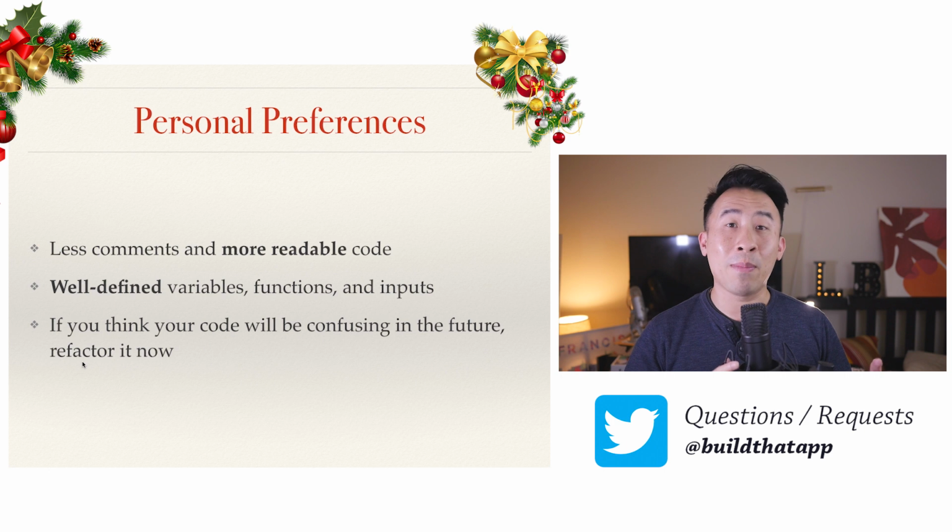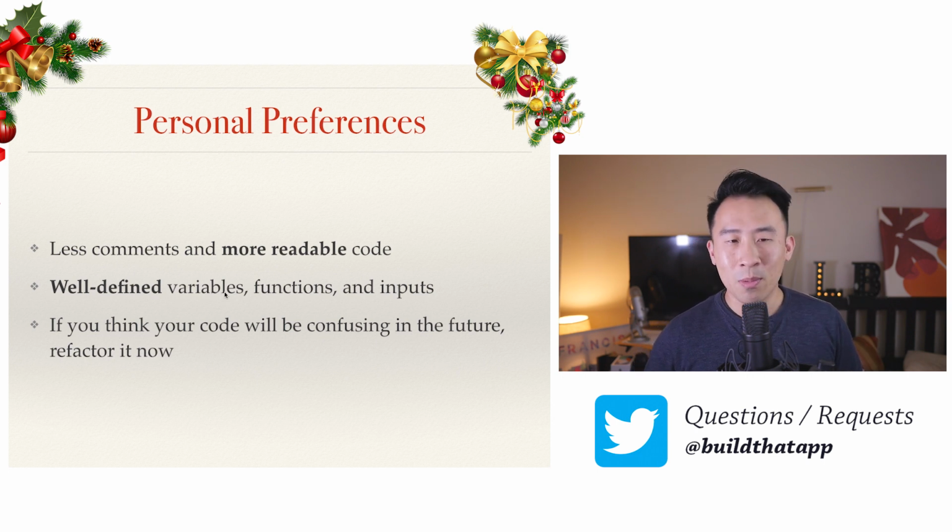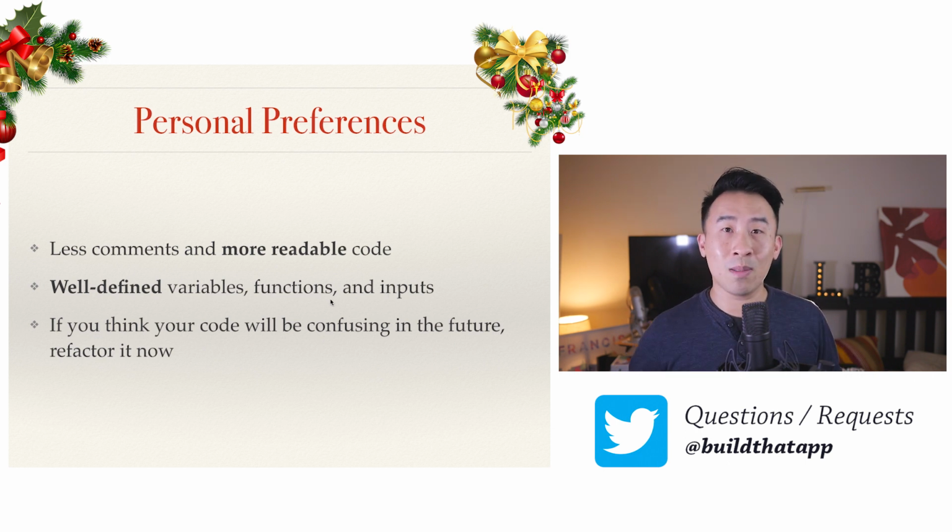So to quickly wrap up today's video, I just want to say that commenting is definitely a matter of personal preference. For me, I prefer fewer comments, and that actually leads to more readable code for me. I like to have everything well defined, such as variables, functions, and the inputs to all my functions. I want it to be very explicit and also self-explanatory.